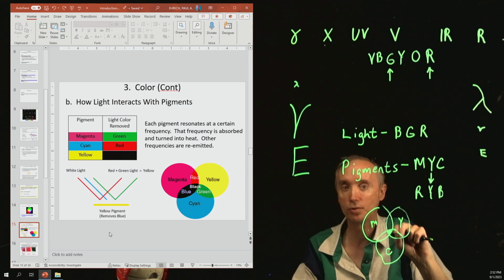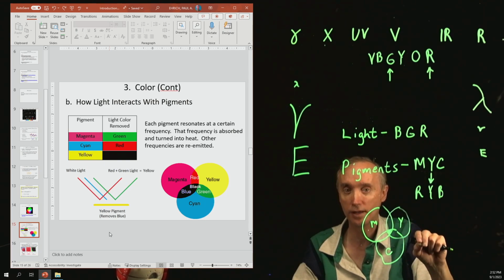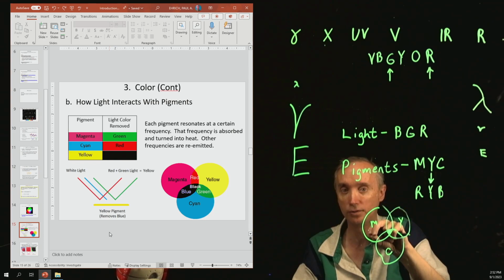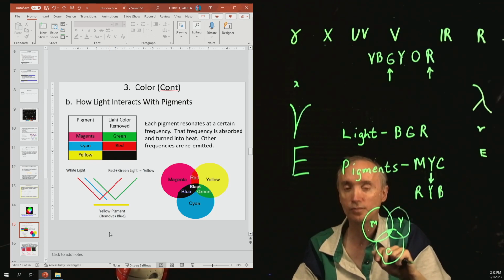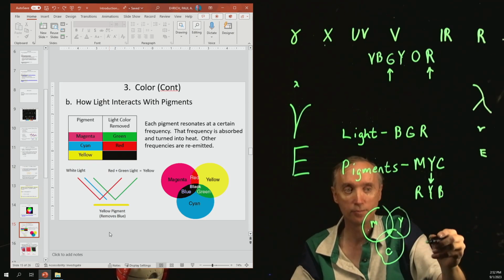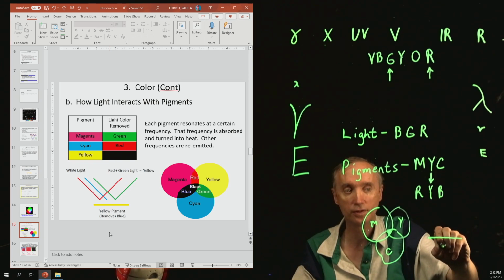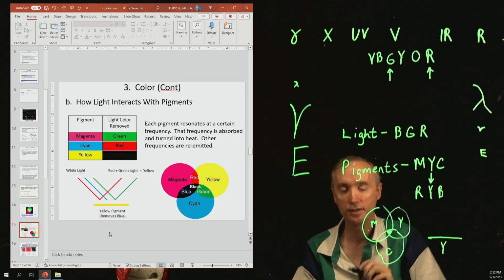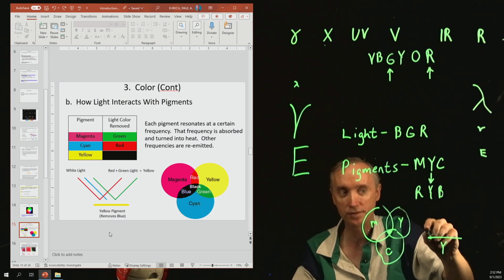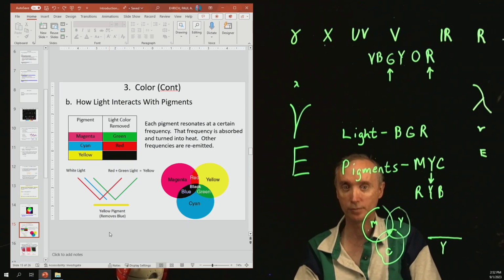Cyan absorbs the light color red, and then the pigment yellow is going to absorb blue. All right, so just as an example of how this works, pretend that you have a yellow piece of paper. So this is the color yellow. That's the pigments that are in that piece of paper.